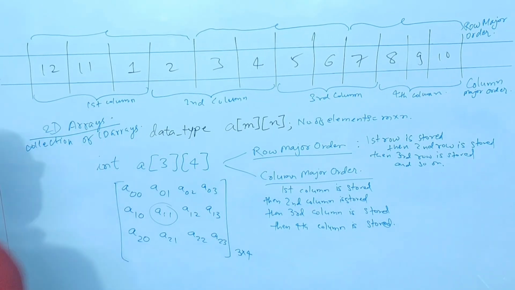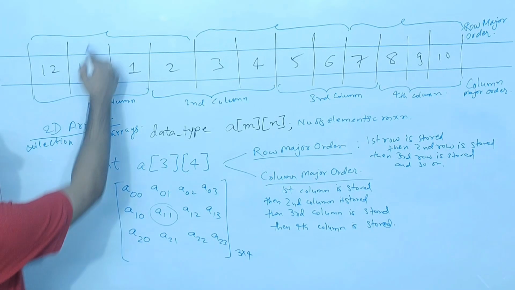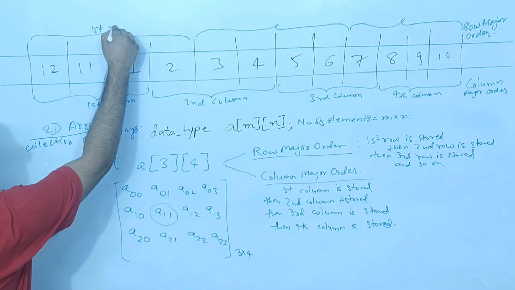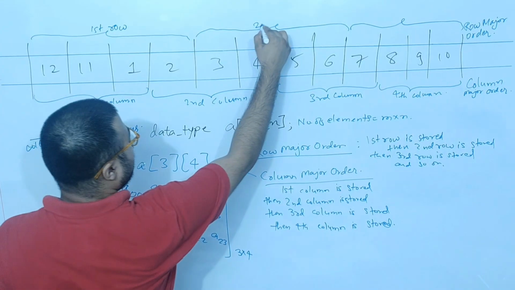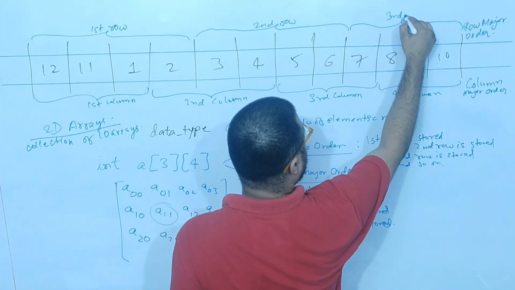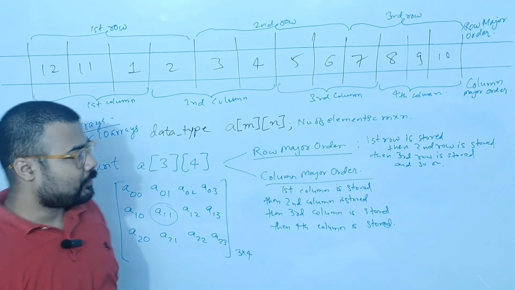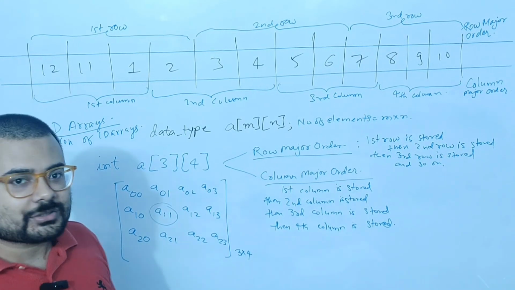Okay. And how will the indexing be then? So indexing will be, this is the first row, second row, third row. And what would be the index?